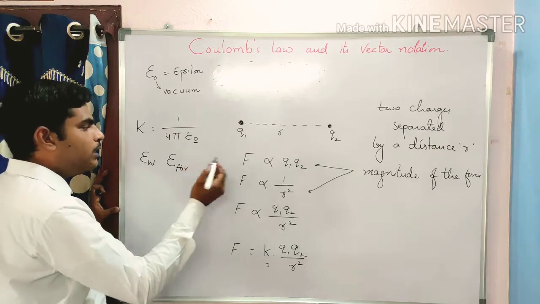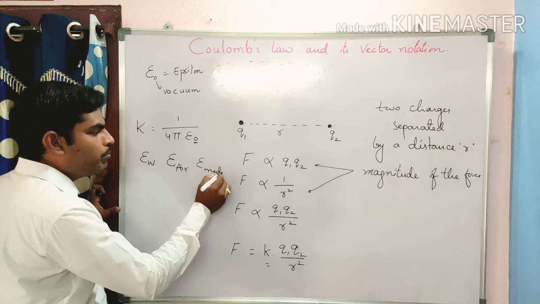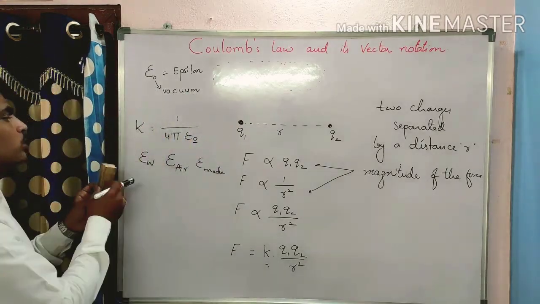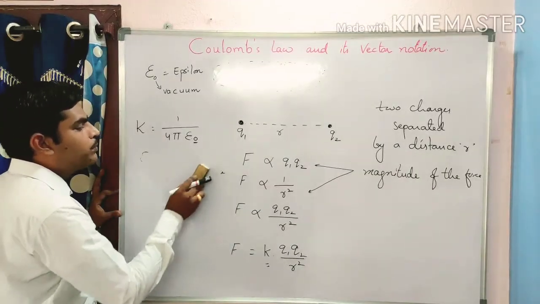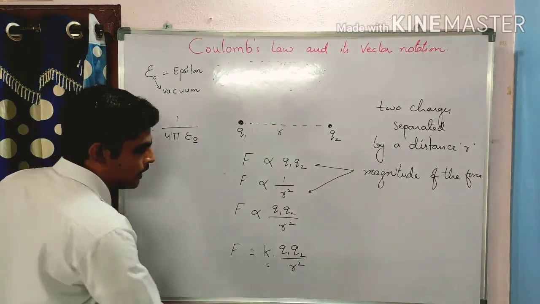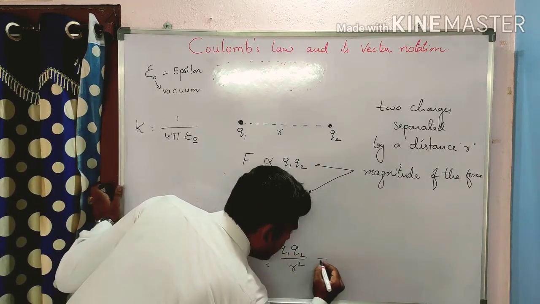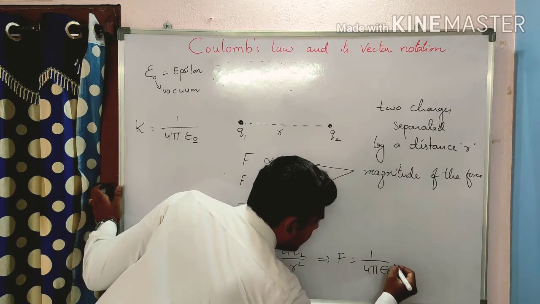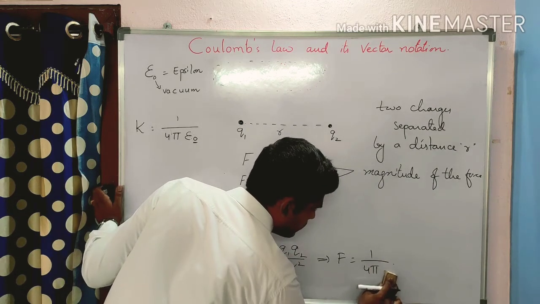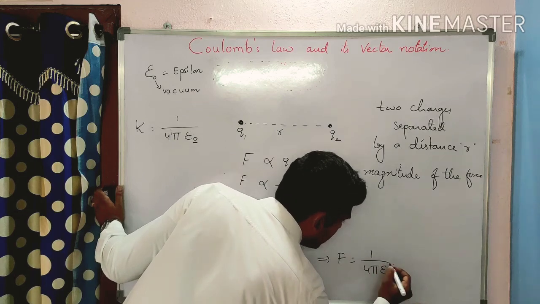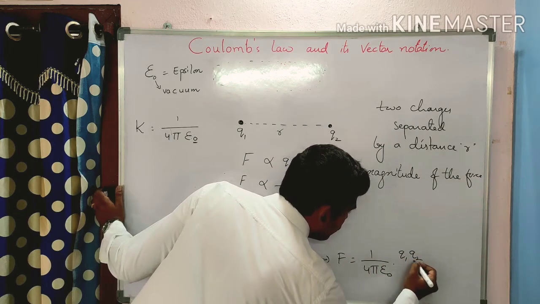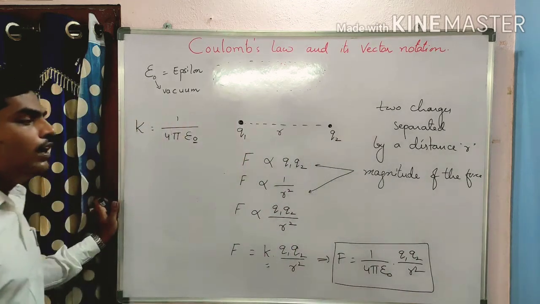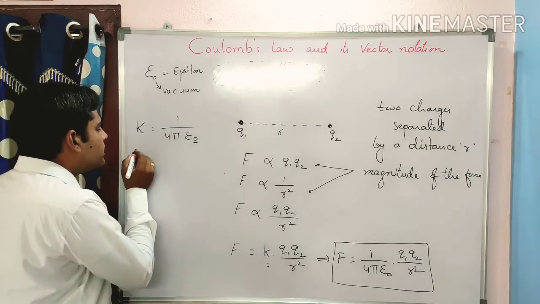If they are in any other medium, we write that particular medium there. So ultimately we write F equals 1 by 4 pi epsilon naught Q1 Q2 by r square. This is Coulomb's law.